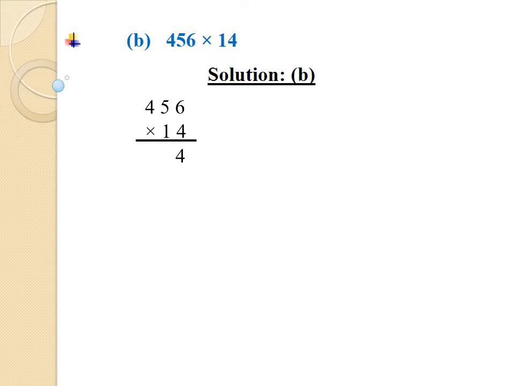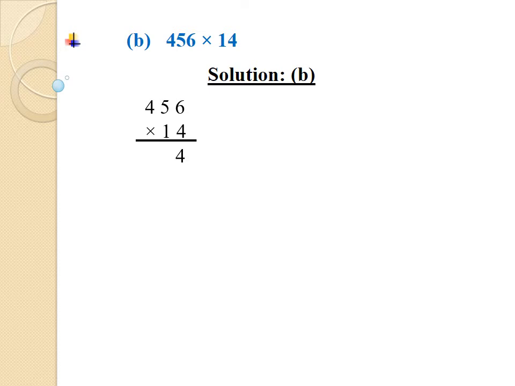Students, now we have to multiply 5 by 4 and then we have to add 2 to the product which we carry over. Thus, multiplying 5 by 4, we get 20.